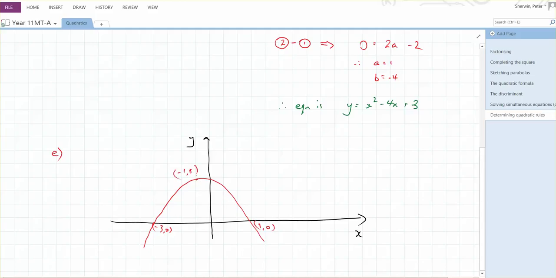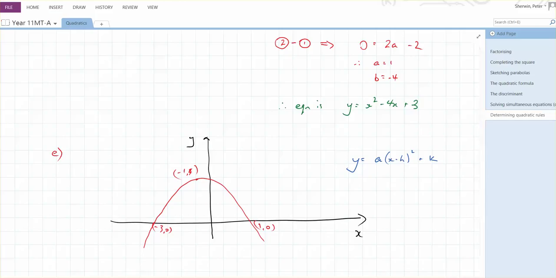Because this is in vertex form, I think it might be wise for us to start with y equals a times (x minus h) squared plus k. Now the vertex is (h, k), and a is just some constant value that might be changing the shape of our parabola. So that's a good starting point.